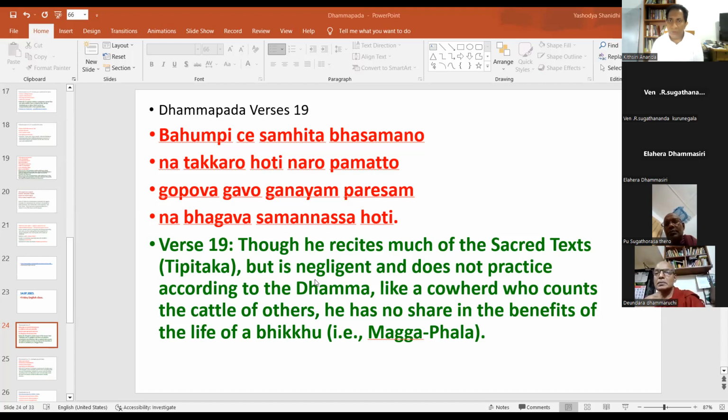He has no share in the benefits of the life of a Bhikkhu. Or if we do not practice what we preach, that is just like taking care of the cows of others. The cowherd doesn't get the benefit.